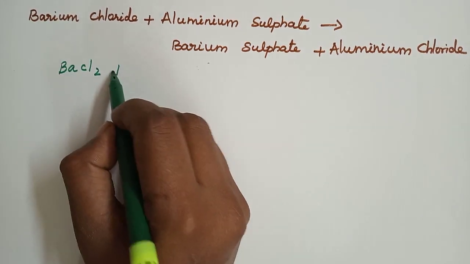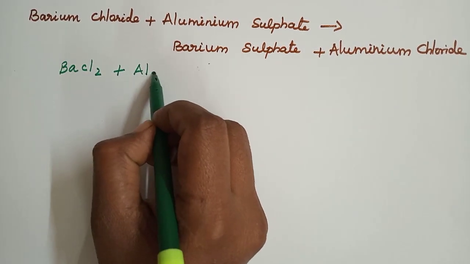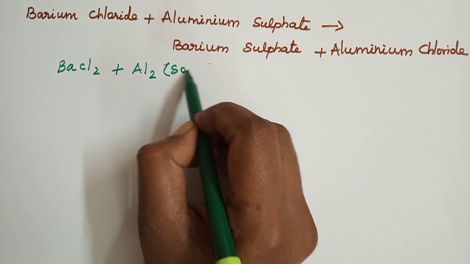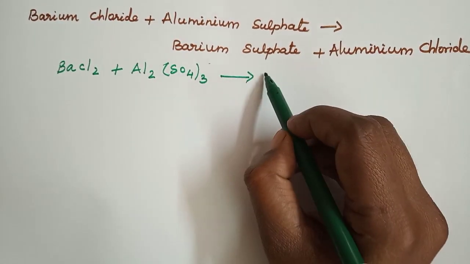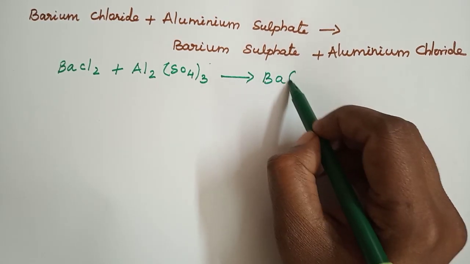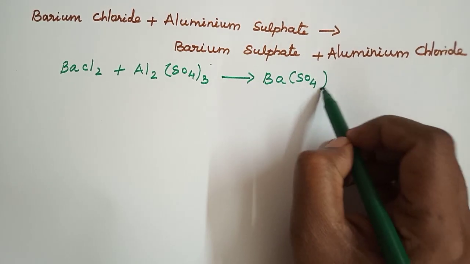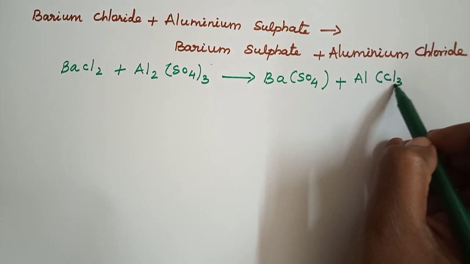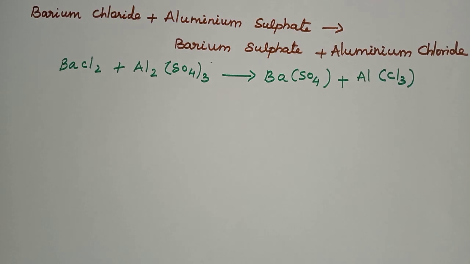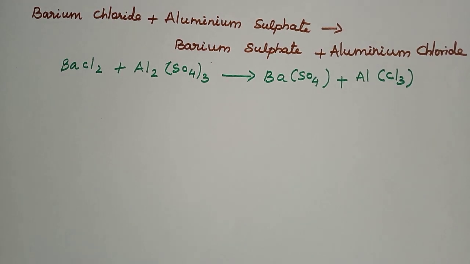BaCl2 plus Al2(SO4)3 gives BaSO4 plus AlCl3. So this is a symbol equation. Okay, now we have to balance this equation.